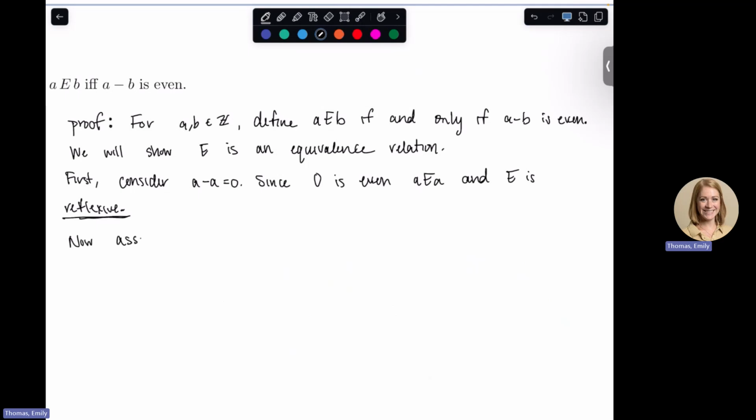Now assume A E B, thus A minus B is even.